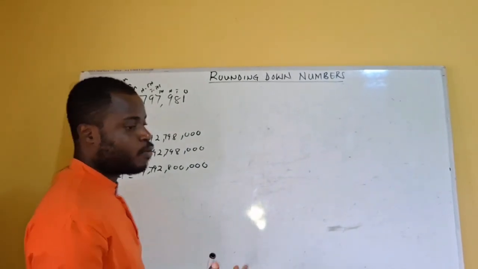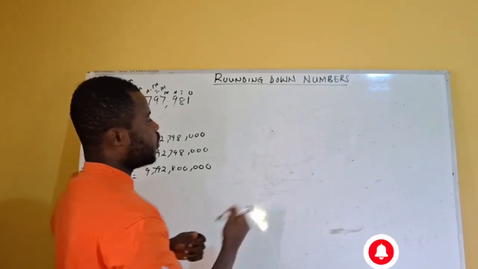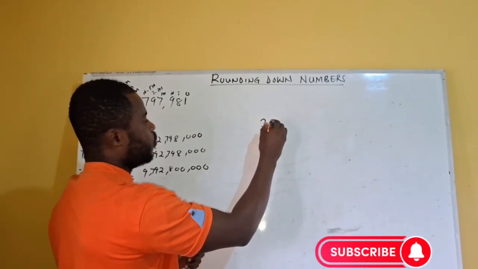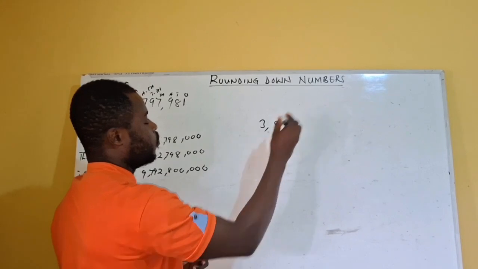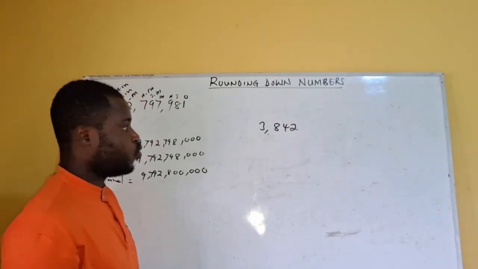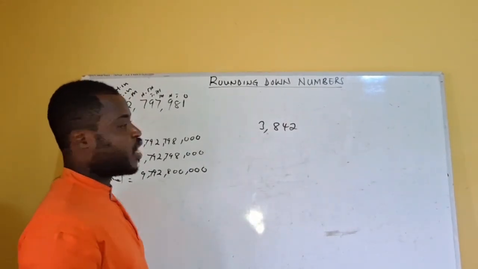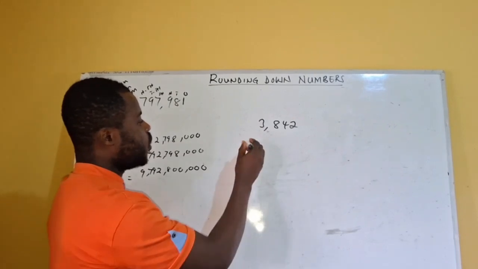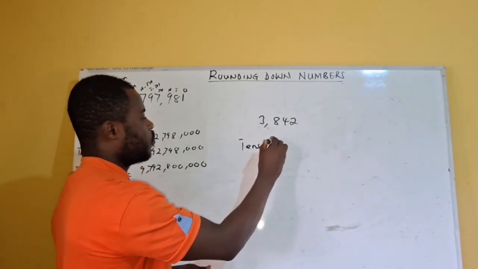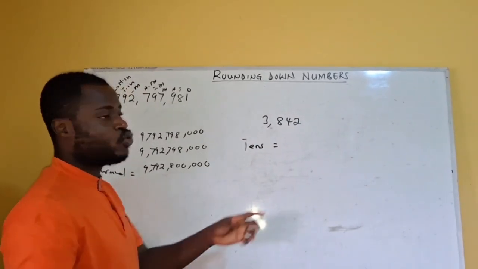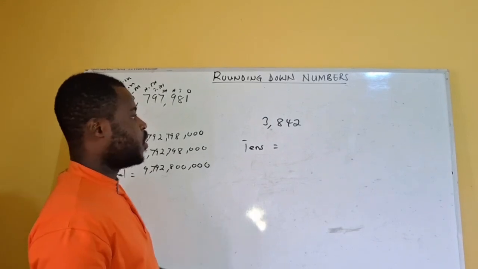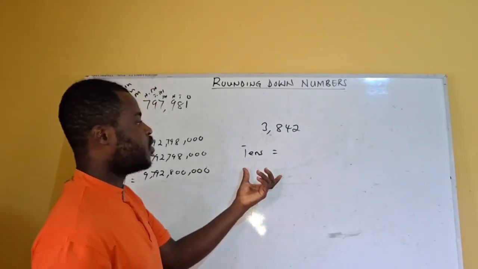So let's say we have a figure like this: 3,842. And we are asked to round it down to the nearest tens. To round it down to the nearest tens, how many zeros do we need?